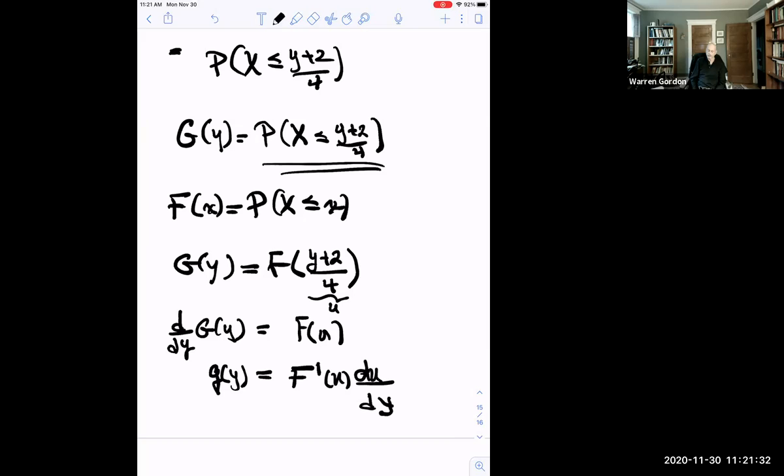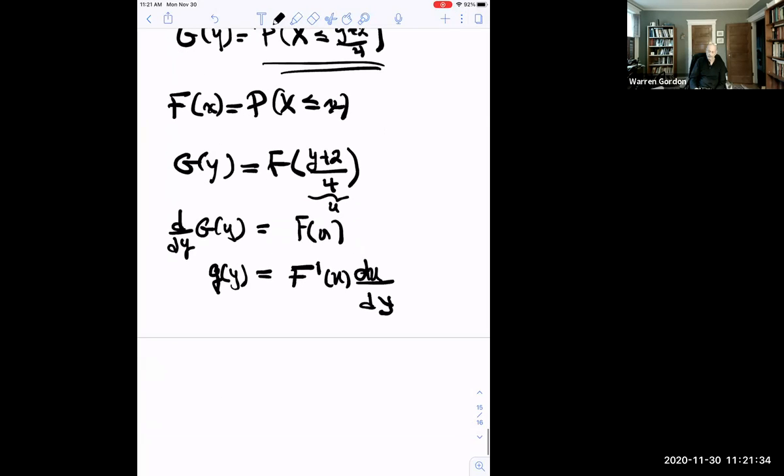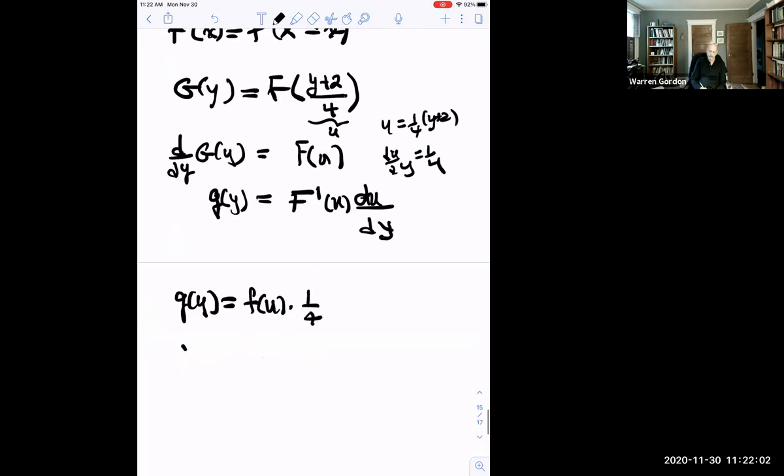I'm differentiating with respect to y here. Now the derivative of the CDF is the PDF. And notice u is equal to y plus 2 over 4. So du dy is equal to 1/4.